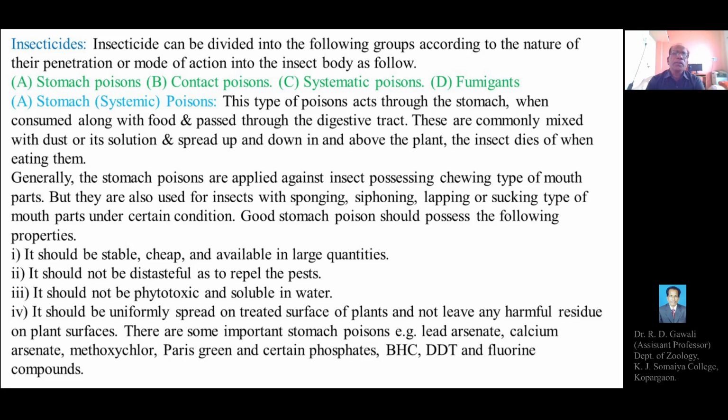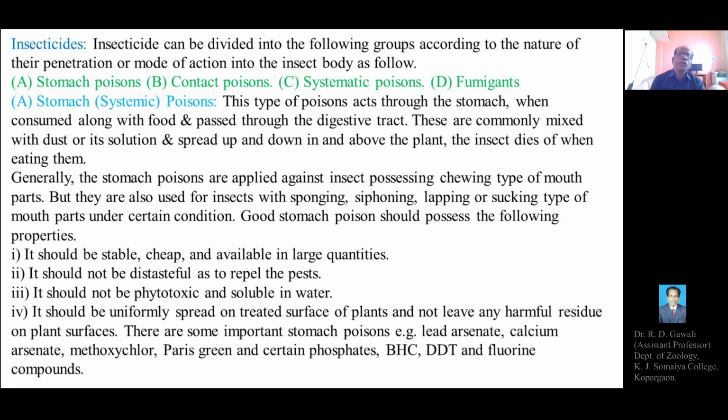Generally, stomach poisons are applied for the control of insect pests which have chewing type of mouth parts.